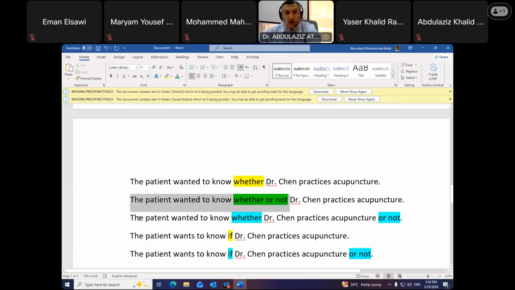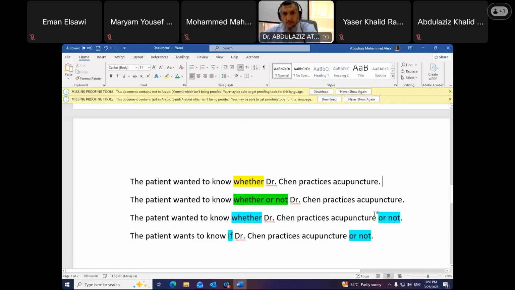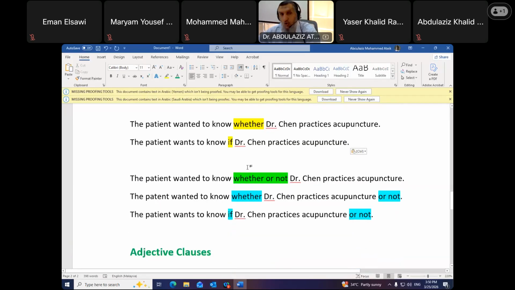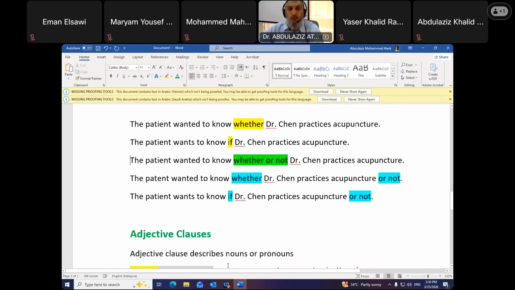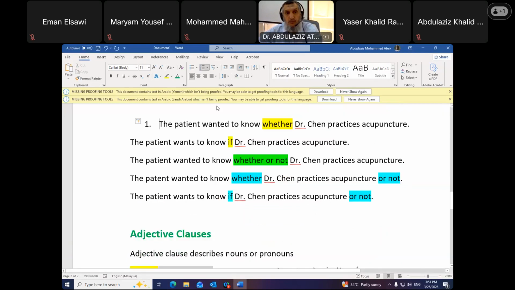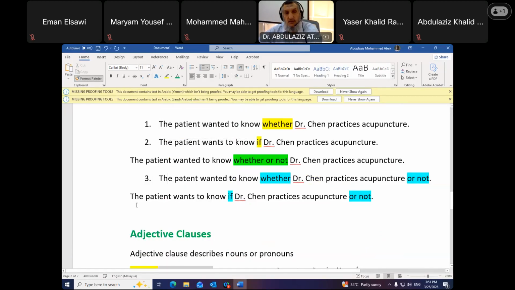Let me take them one after one. See, similar. Number 2 is different. Oh yeah, I went wrongly.